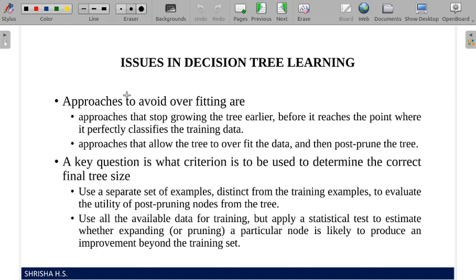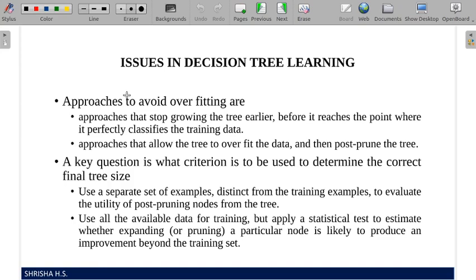As we are talking about decision tree learning, overfitting happens in all kinds of hypotheses, all representations of hypotheses, maybe a tuple form, decision tree form, or a neural network form. In all representations of the hypothesis, overfitting happens, but in this case we are talking about decision trees.